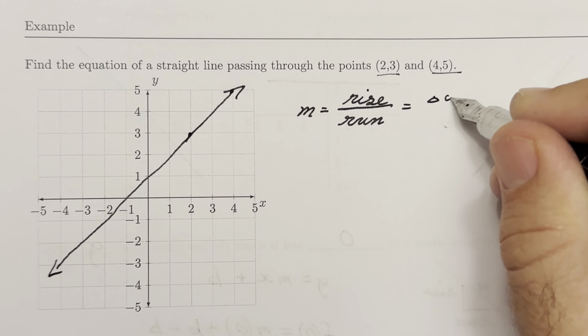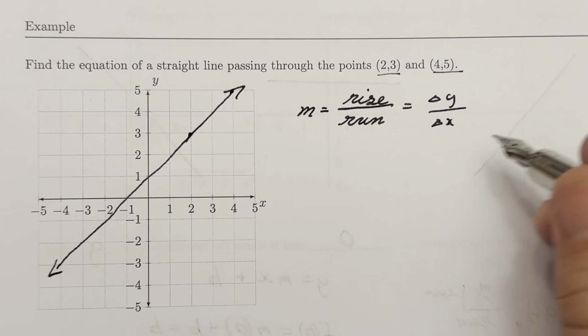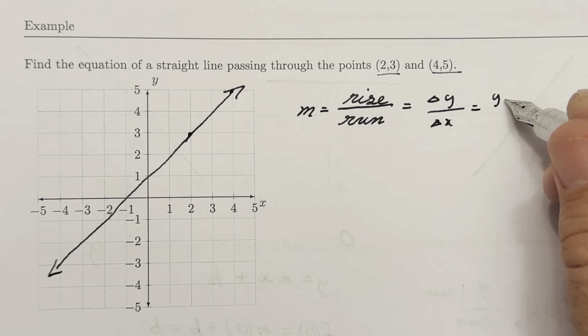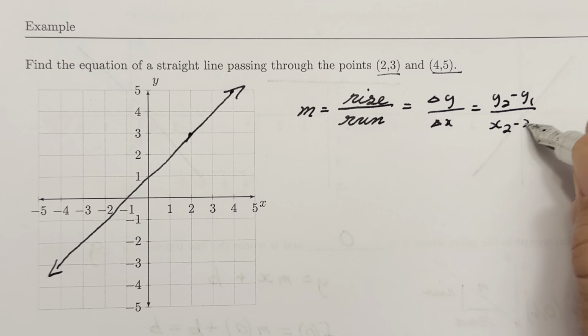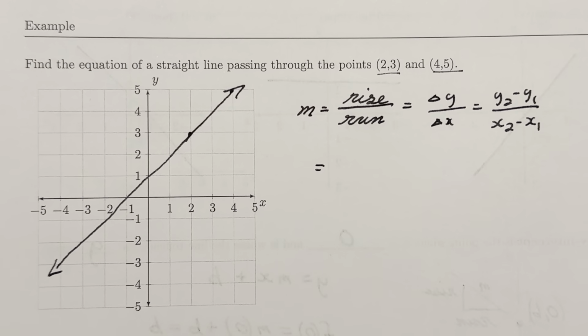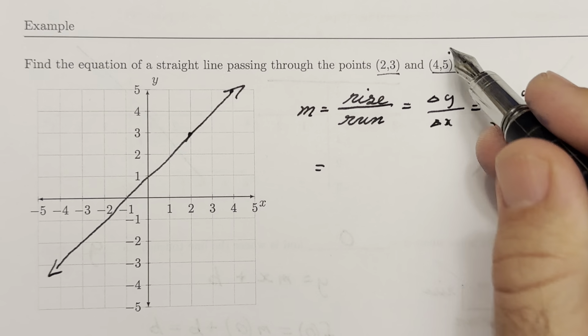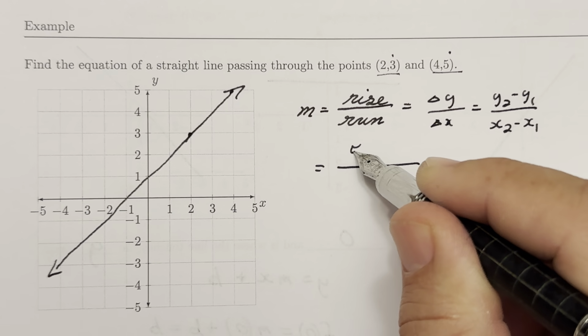Which is delta y over delta x, which is y2 minus y1 over x2 minus x1. All right, so our change in y, that's 5 and 3.